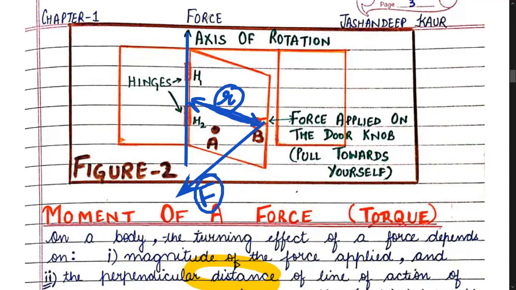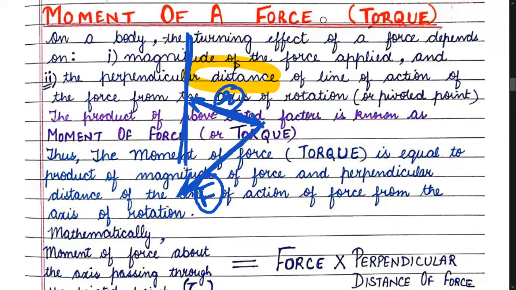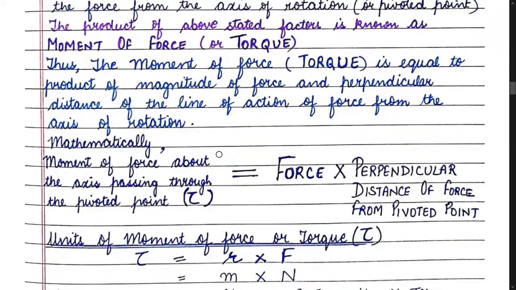R is the perpendicular distance between the line of action of force and axis of rotation or the pivoted point. So further, the product of both R and F is known as moment of force or torque.